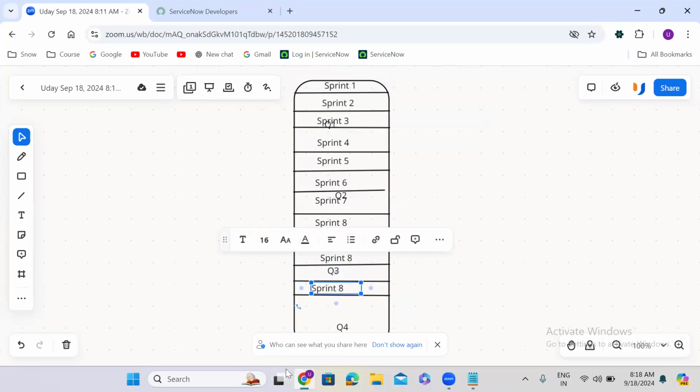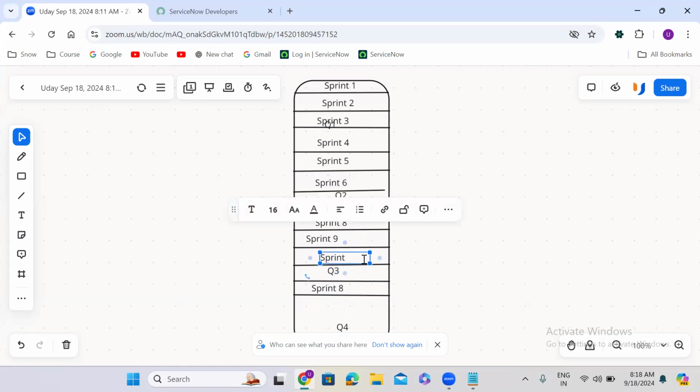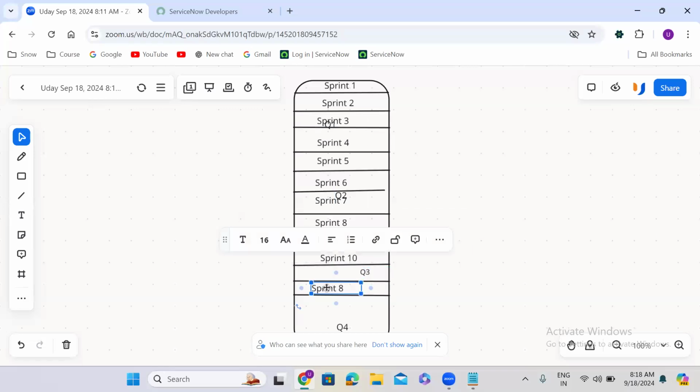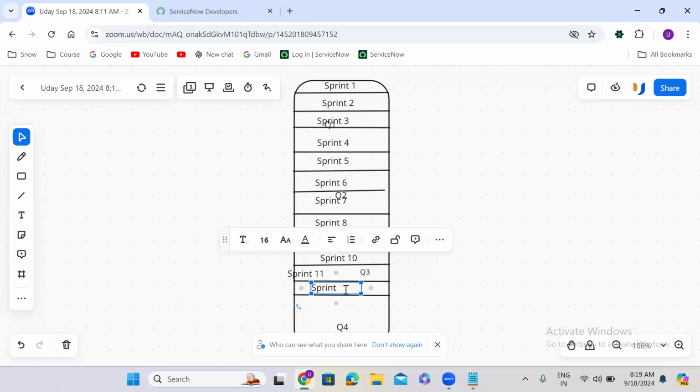Just a moment, guys. Sprint 8, sprint 9, sprint 10, sprint 11, sprint 12.